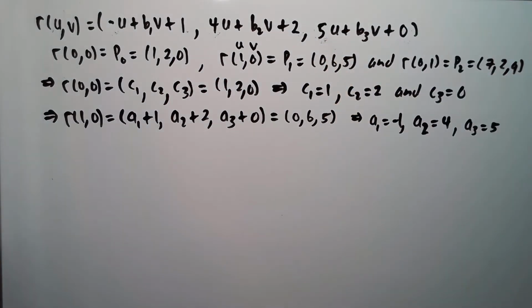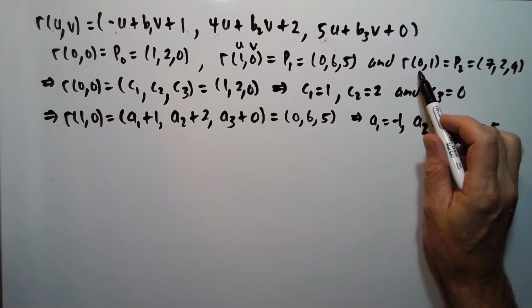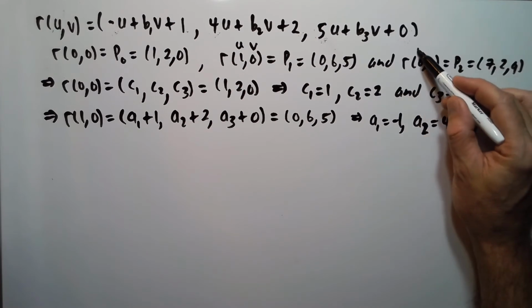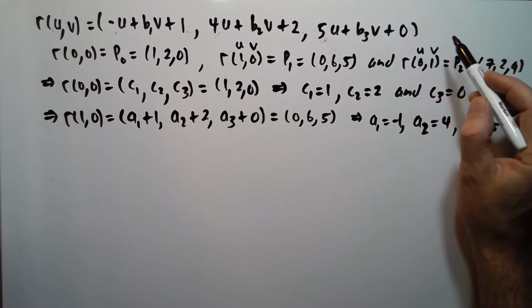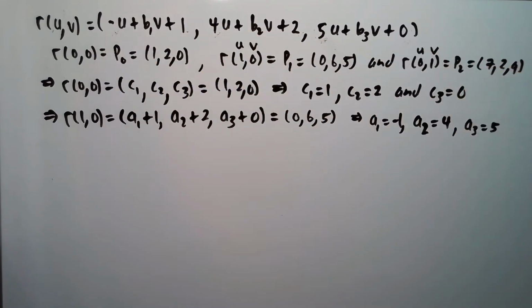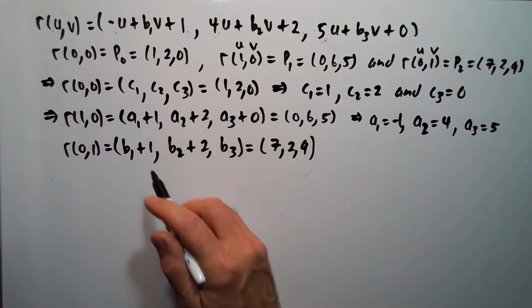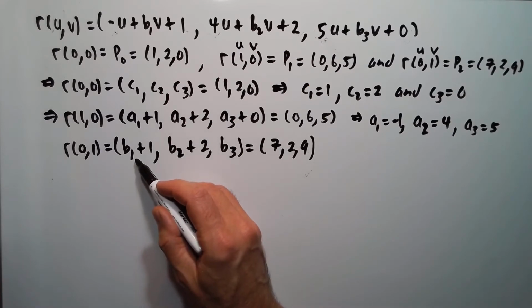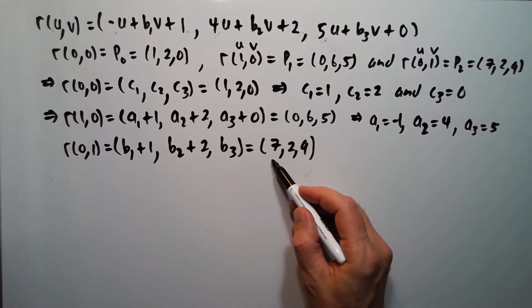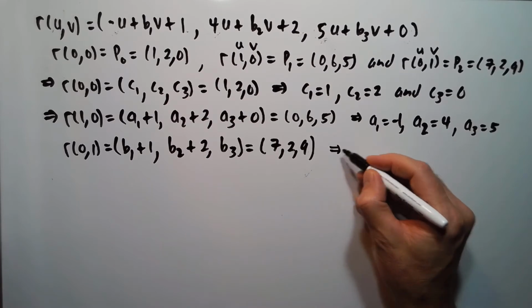Okay, and lastly, we're going to do the R of (0, 1), so it'll be 0 in place of U, 1 in place of V up here. Doing that, we'll get this. So we'll have B1 plus 1 is 7, which means that B1 will have to be 6.